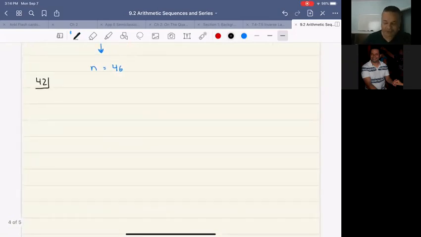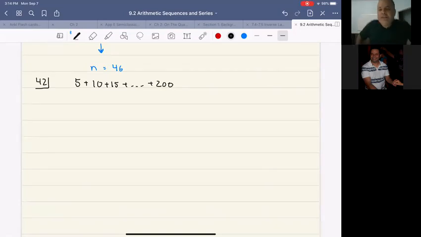The next problem is we're going to find the summation 5 plus 10 plus 15 all the way up to 200. This is going to use that little trick, the Gauss sum that I introduced at the end of 9.1, which says that 1 plus 2 plus 3 all the way up to n equals n times n plus 1 over 2.